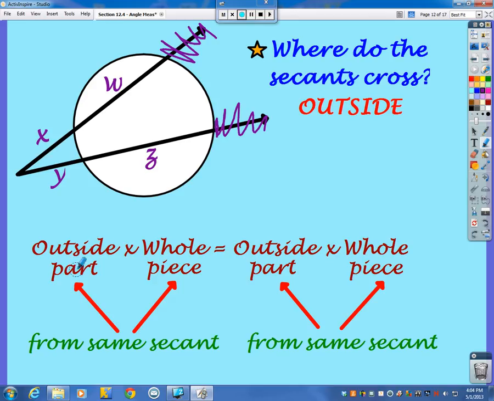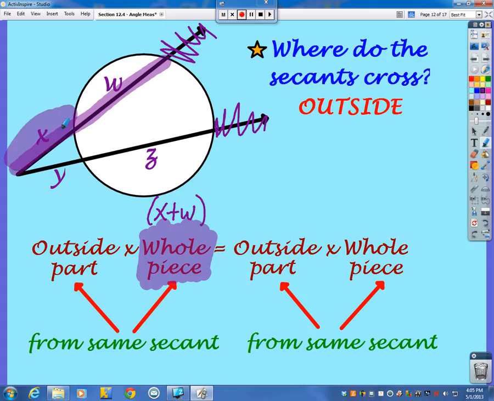Now, when I talk about outside times the whole thing, if I'm talking about this thing right here, the whole piece is all of this. How would I represent all of this collectively? Well, that would be the quantity x plus w. And the outside part is just the piece on the outside, which in this case is x.